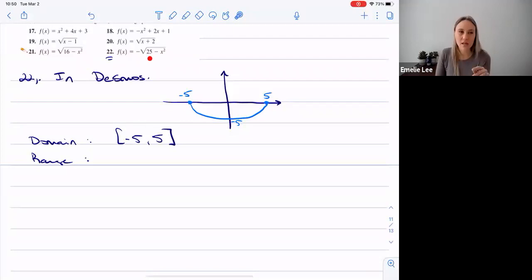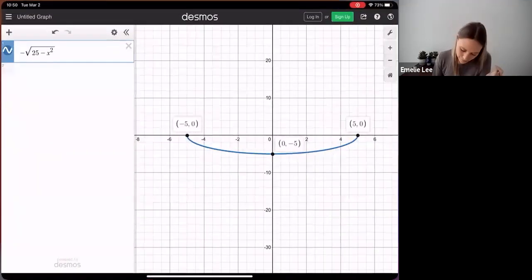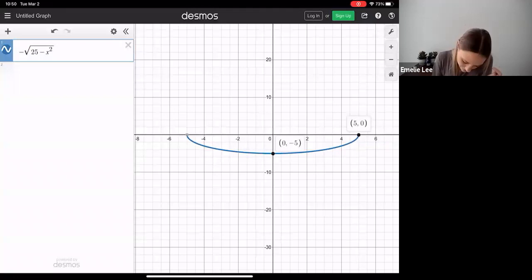You can have 25 minus x squared equal 0, but also when you graph it on here, if the value wasn't included, it would have an empty circle.